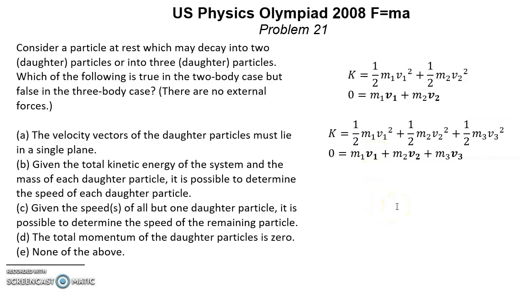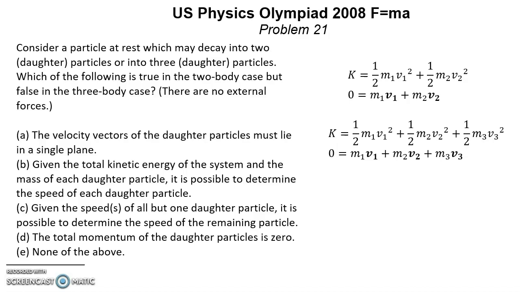But for each velocity we have 3 dimensions, so we have 9 unknowns for velocities and only 4 equations, so it's not solvable. It's no good. It means that B is the correct answer.